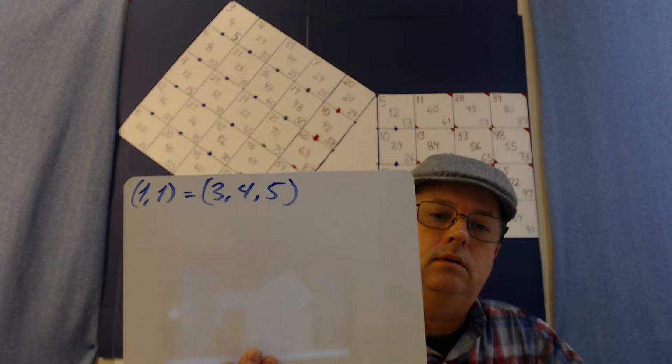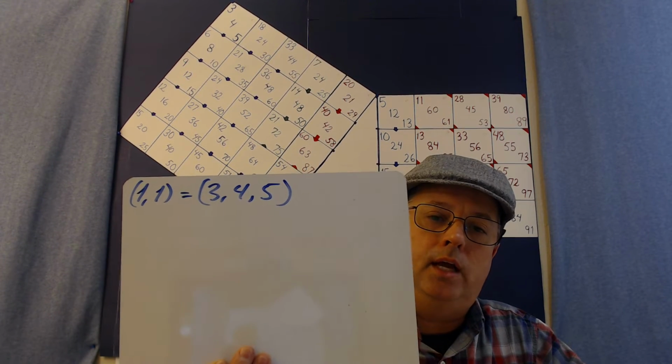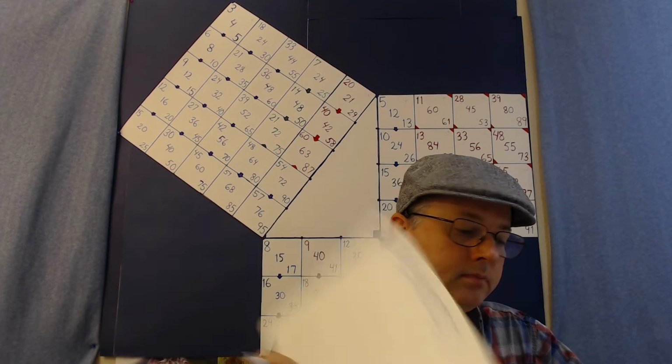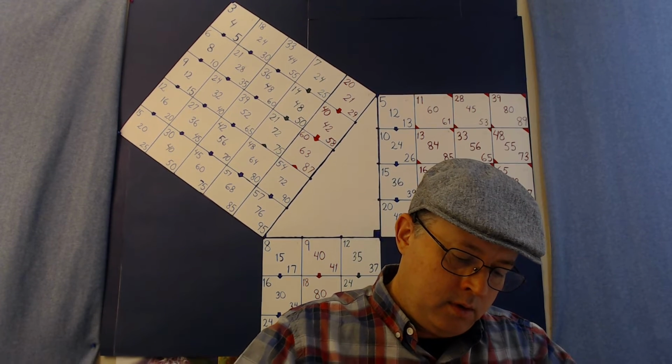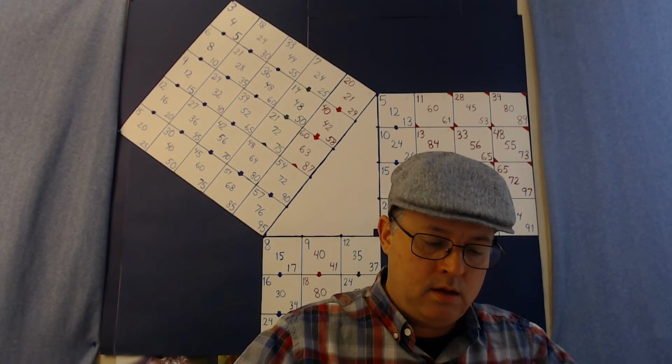That's the s and t value giving us the a, b, and c value there. And now, if we happen to do 2, 2, and 3, 3, let's actually go through that.